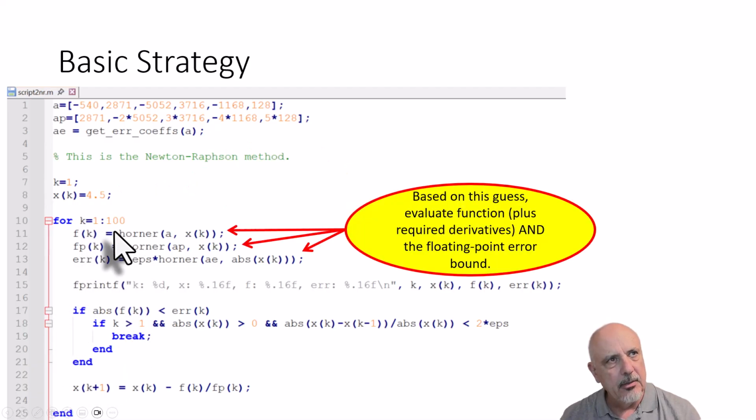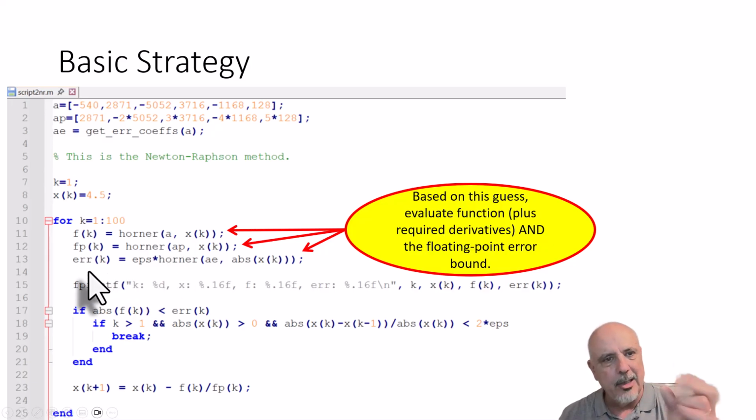At the top, I'm going to let that for loop go between 1 and 100. But you'll see in a moment that I figure out how to bust out of this when I'm happy with everything. So right at the top, I'm going to calculate the value of the polynomial using my Horner function. I'm going to calculate the value of the derivative using my Horner function and the derivative coefficients.